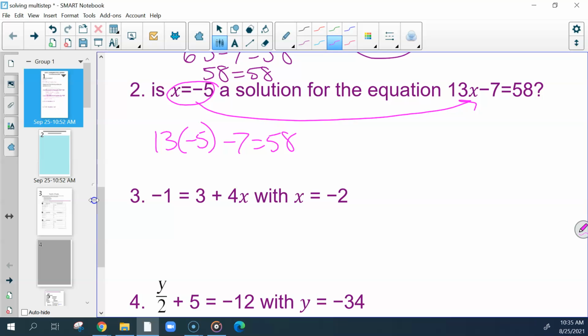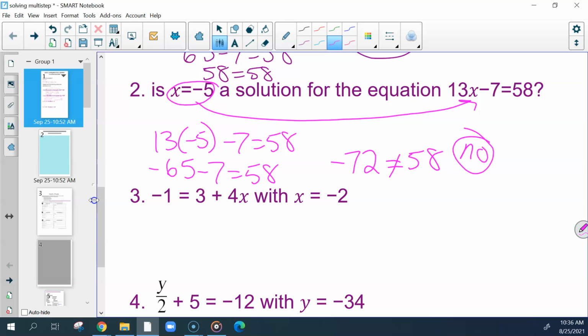And simplifying. Is negative 65 minus 7 going to give me positive 58? No. It's going to be like negative 72. So this is not a solution. It does not work.